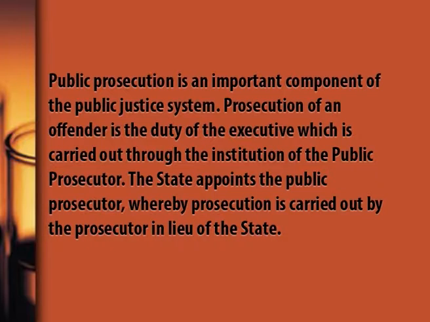The state appoints the public prosecutor, whereby prosecution is carried out by the prosecutor on behalf of the state. Although the public prosecutor is responsible for seeing that conviction results from the trial, he should not be overwhelmingly concerned with the outcome of the trial.